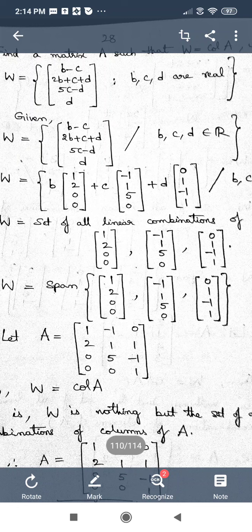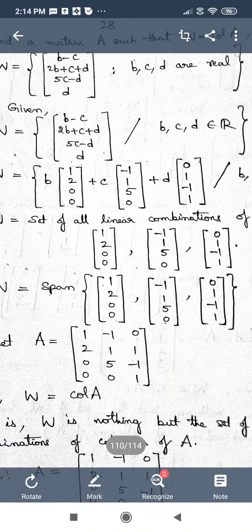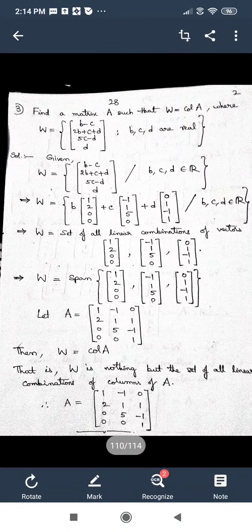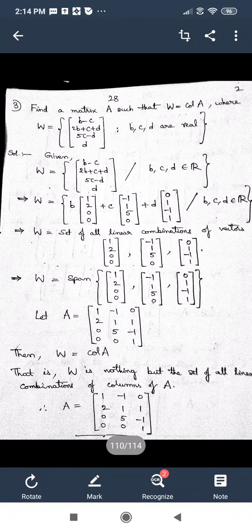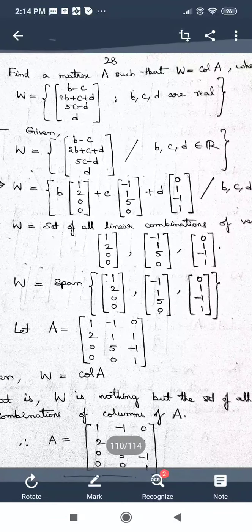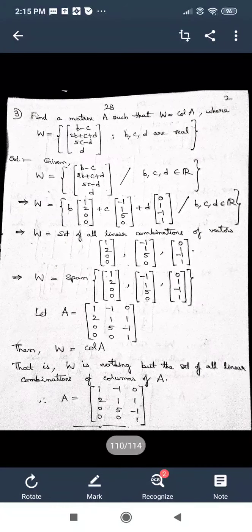Let us take them in a column vector, plus d times a vector. When we take d common, we get 0, 1, minus 1, 1 as the vector which consists of the coefficients of d in the arbitrary element of W. So now the set W has the form: W is equal to the set consisting of b times 1, 2, 0, 0 plus c times minus 1, 1, 5, 0 plus d times 0, 1, minus 1, 1, such that b, c, d belong to the set R of real numbers.